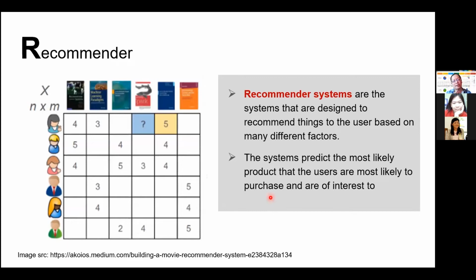This is the one I mentioned earlier, the recommendation system. A recommendation system tries to predict the preference of a user. For example, in this picture, you see this person read these books, and she gave a rating to each one of them.